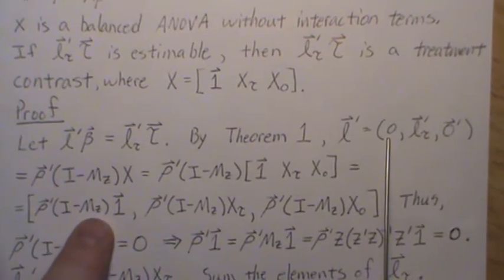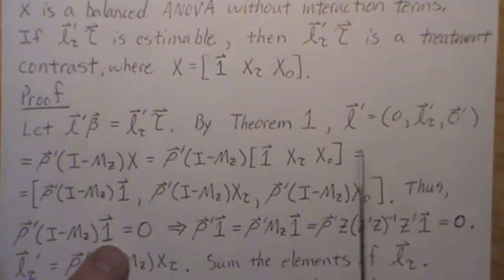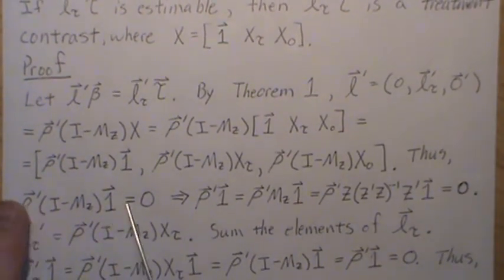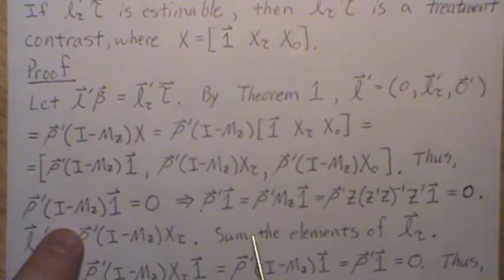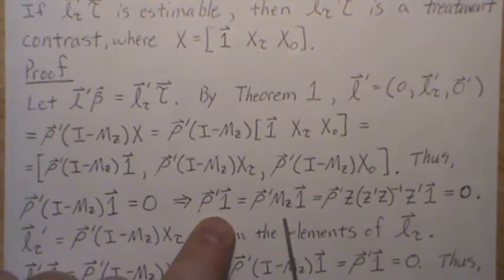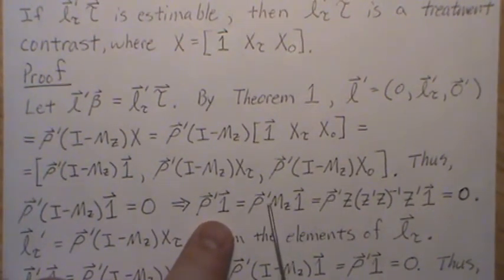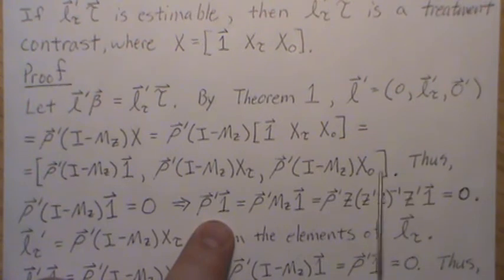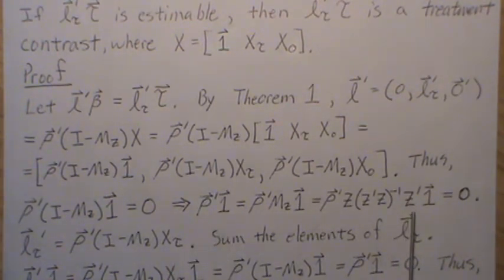But let's look at this piece first. So let's set it equal to 0, which is here. Then let's multiply those in and then add that to the other side, and we get this. Well, MZ is the perpendicular projection matrix on the column space of Z, and it is this piece right here. But the columns of Z are centered.